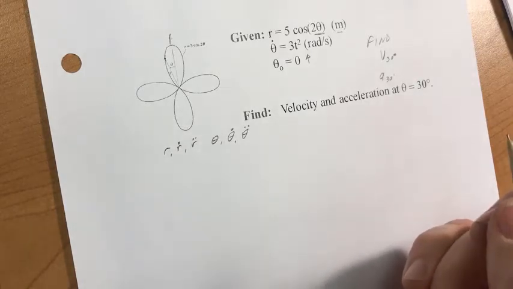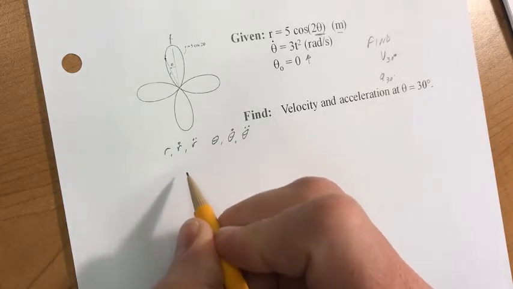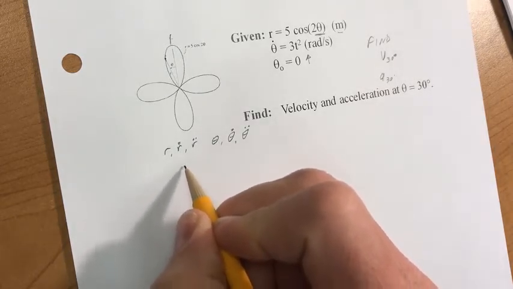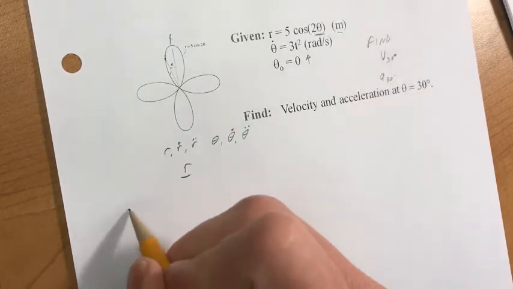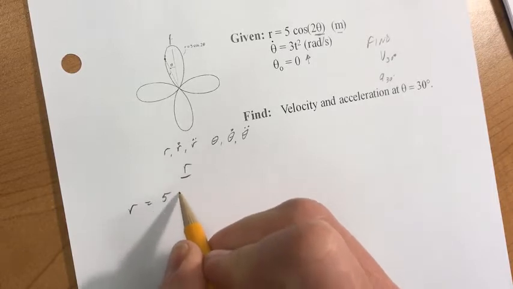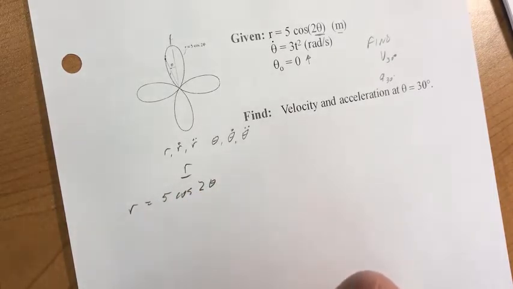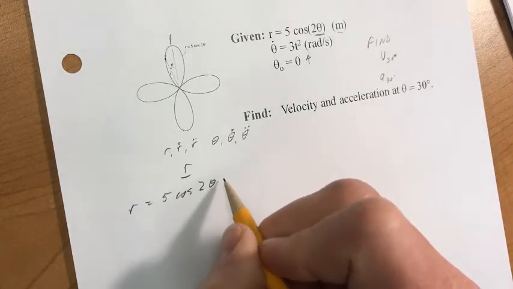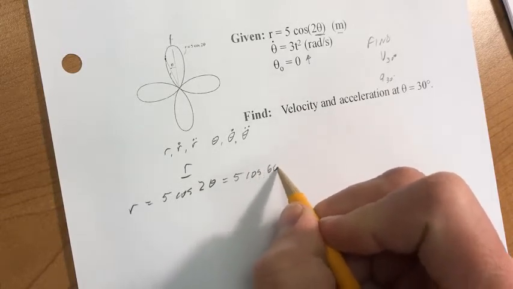So if we start off with r, that's a more complex function here. Our radius is 5 cosine of 2 theta. Okay, and at 30 degrees, 5 cosine of 60 degrees.